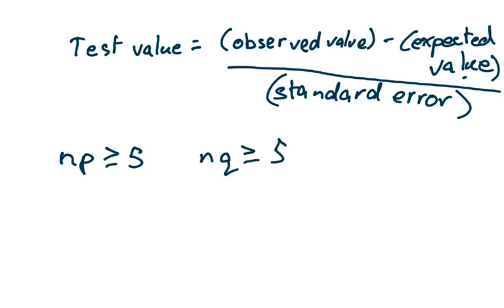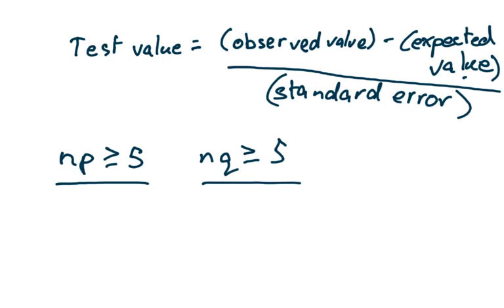That means we're going to need at least 5 successes and 5 failures. We can't test proportions that are 100% or 0%, or too close to that range. We're not going to get accurate results on that.